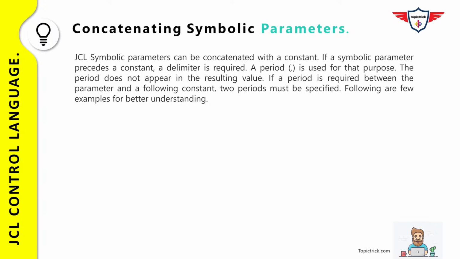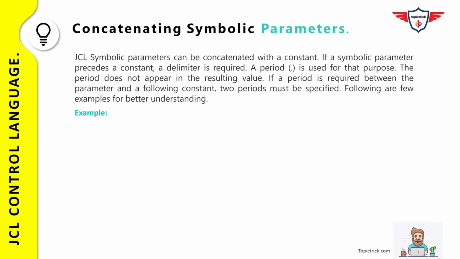If you want text to appear immediately after a symbolic parameter, then you must code a period as a delimiter between the symbolic parameter name and the text that follows it. And if you want a period to appear immediately after a symbolic parameter, then you have to code two periods in a row. The first one acts as a delimiter marking the end of the symbolic parameter, and the second one will act as a part of the JCL statement.